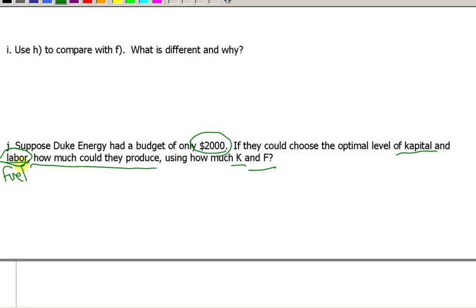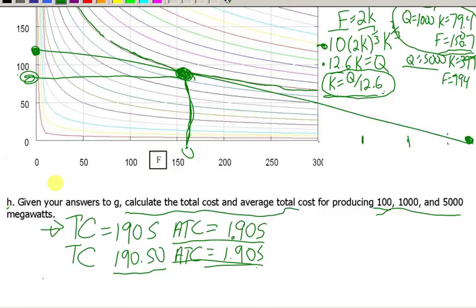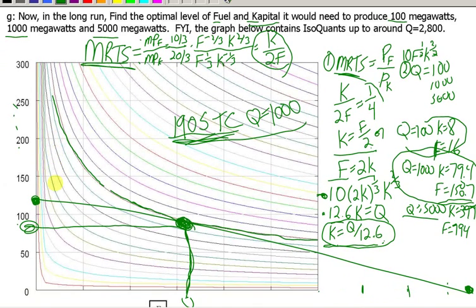What do we do? Well, this is precisely like maximizing utility subject to a budget constraint. So to do this, we're going to take our two equations and our two unknowns. One of our equations is F equals 2K, marginal rate of technical substitution equals the ratio of the prices.